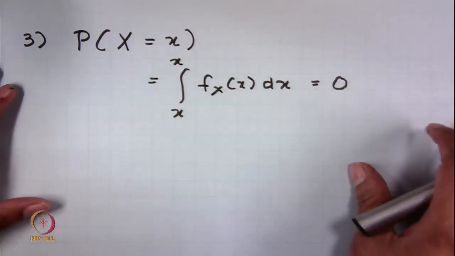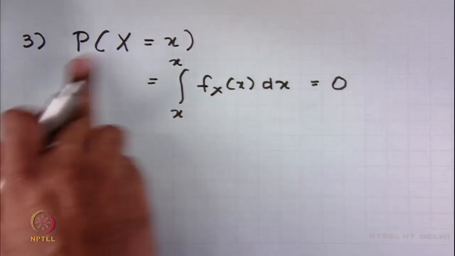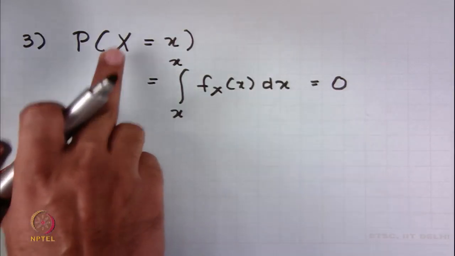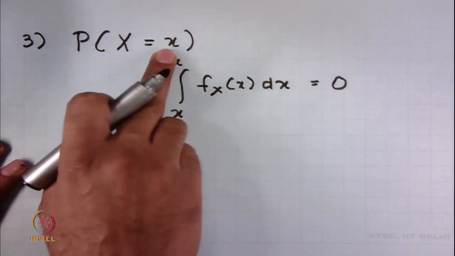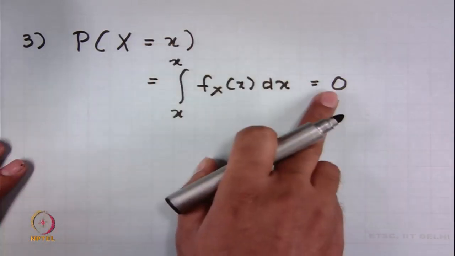and this might surprise you, that in the case of a continuous random variable, we do not generally talk about the probability of a specific numerical value, because that probability is always 0.